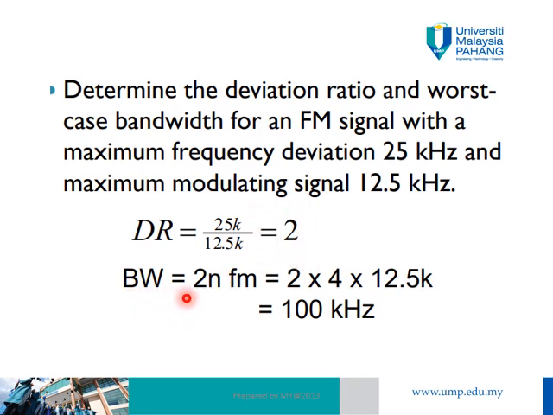So bandwidth is 2n Fm, and when the modulation index equal to 2, you can have n equal to 4 from the Bessel table. So 2 multiplied by 4 multiplied by Fm, so we get bandwidth equal to 100 kilohertz.